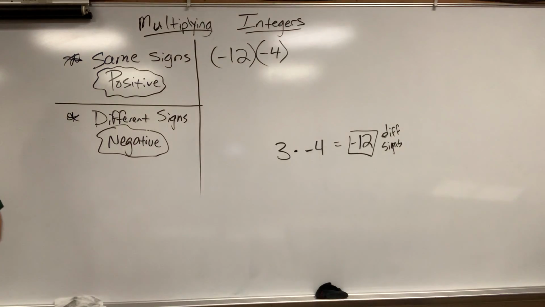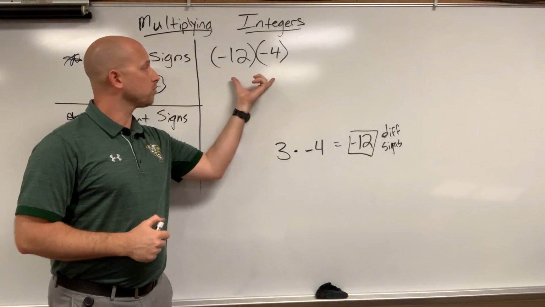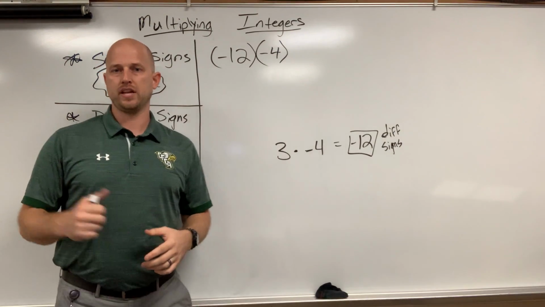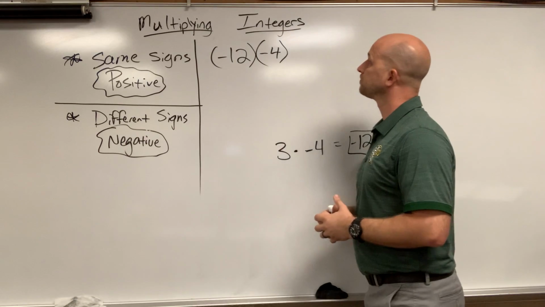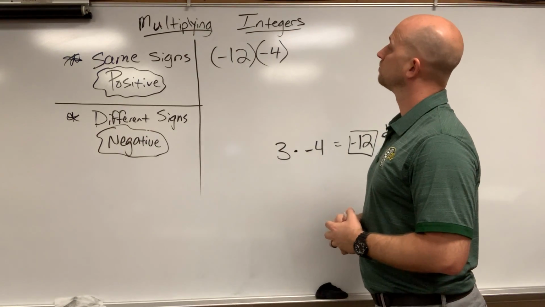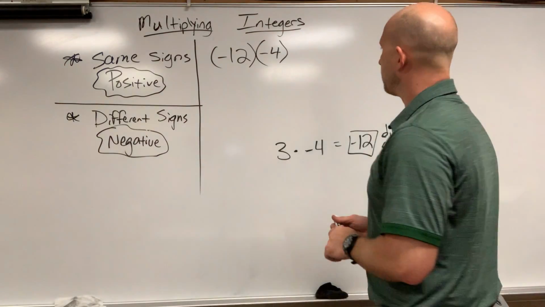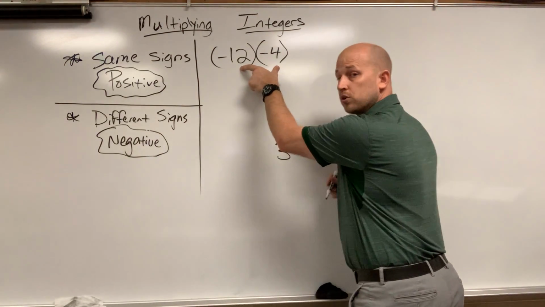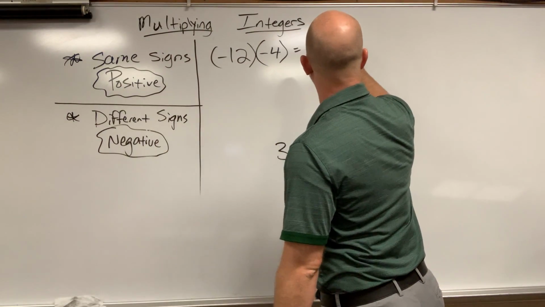Something like this one. I want you to go ahead and take this one. We're multiplying, so do the multiplication, and then see which rule will work. Okay, still multiplying. 12 times 4, 48.